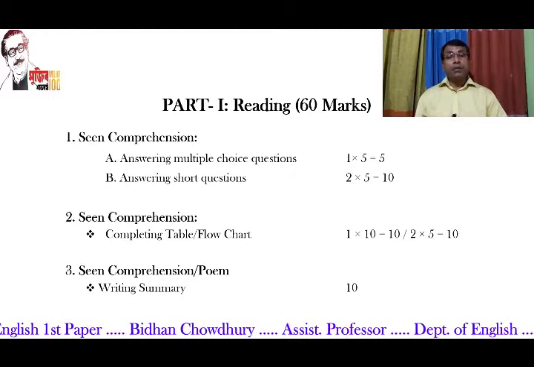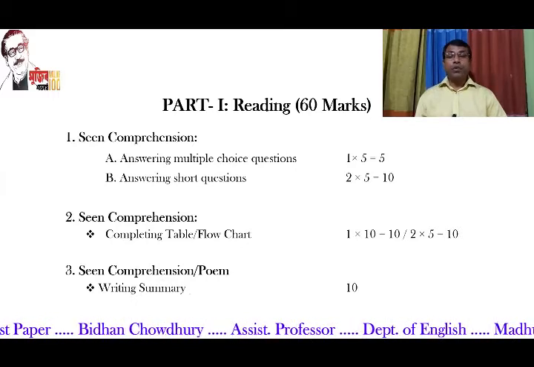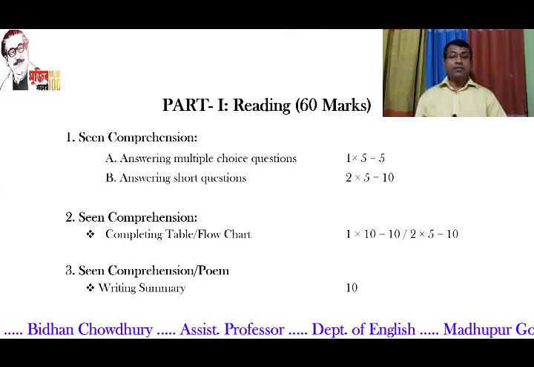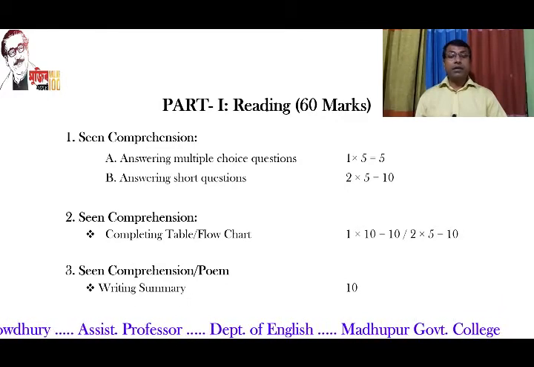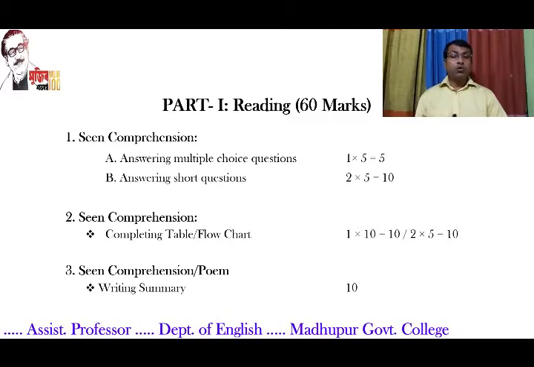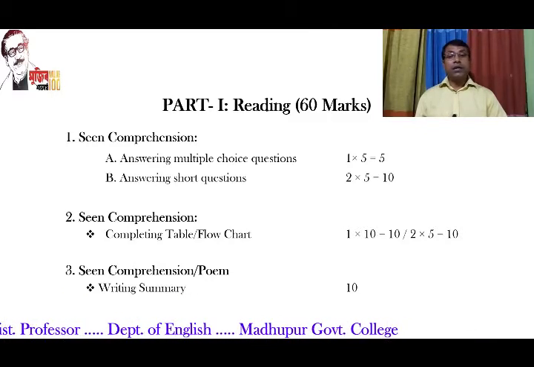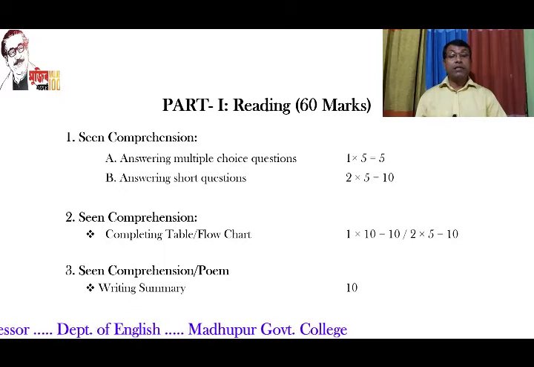And in number B, you have to give some answers to short questions. Actually, you will be given 5 short questions based on the given comprehension, and each question carries 2 marks. So in total, you will have 10 marks in answering short questions.